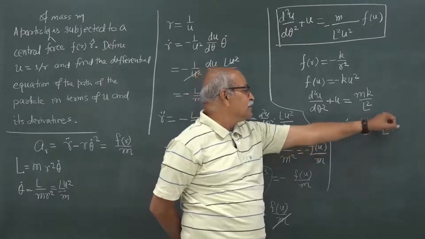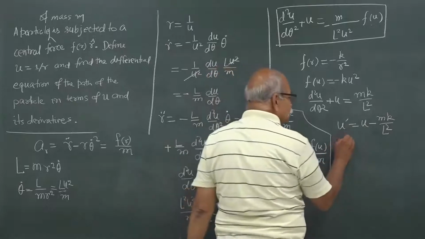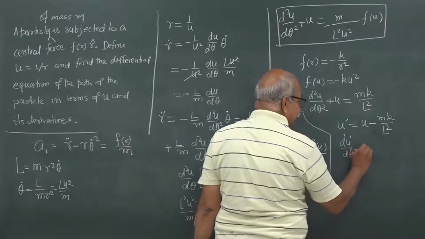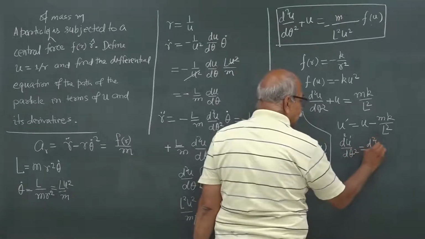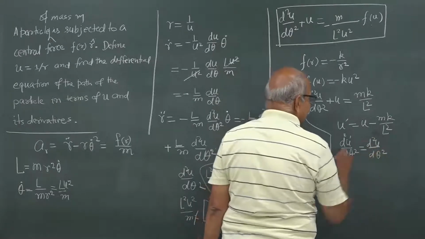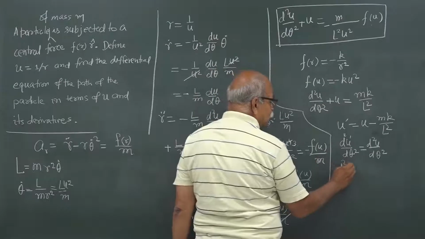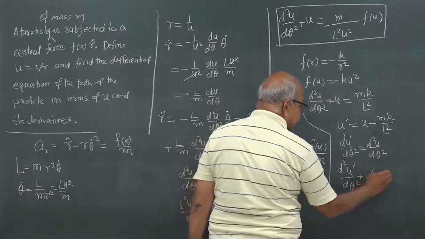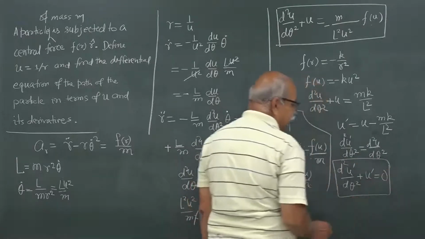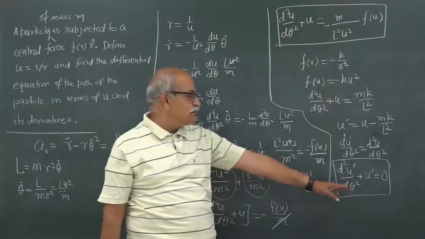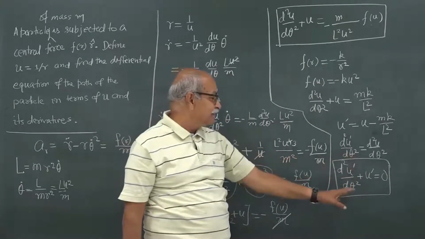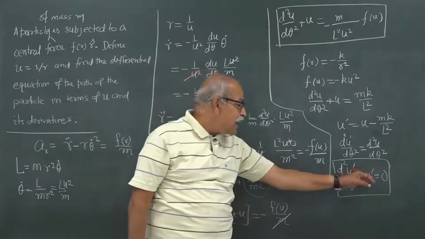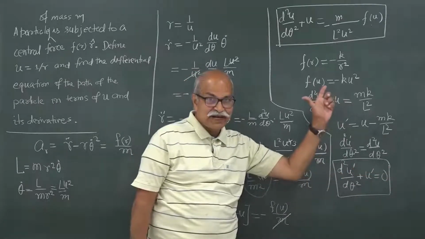So, d2 u prime d theta square is equal to d2 u d theta square, and then this equation is d2 u prime d theta square plus u prime equal to 0, and this equation is very well known to you. Simple harmonic motion: d2x dt square plus omega square times x is equal to 0. That is the simple harmonic motion equation.